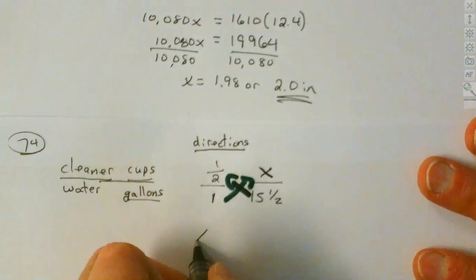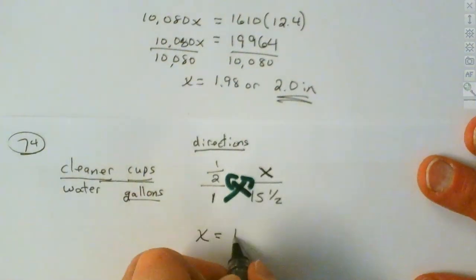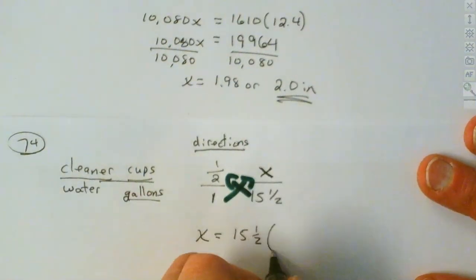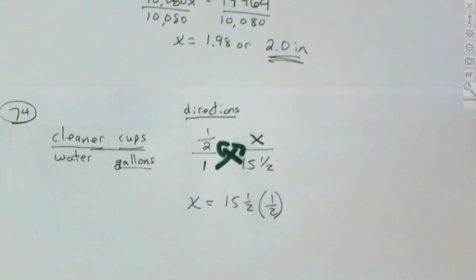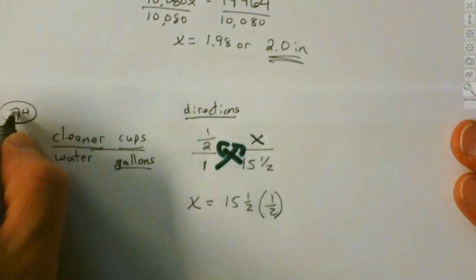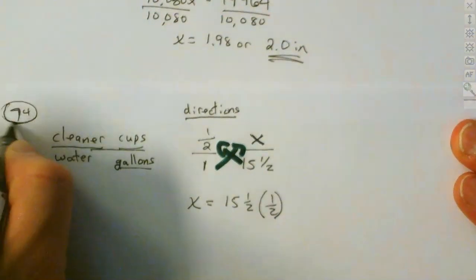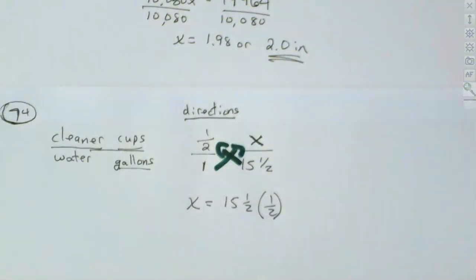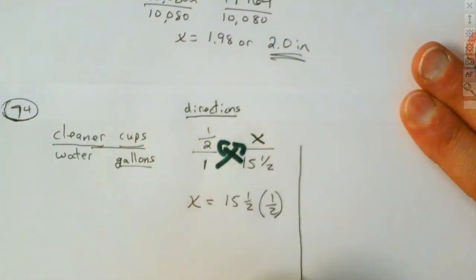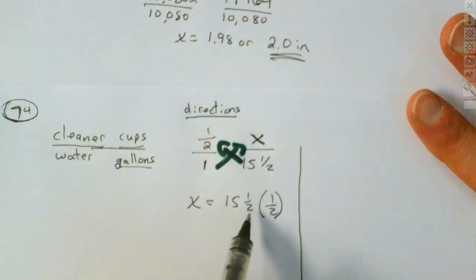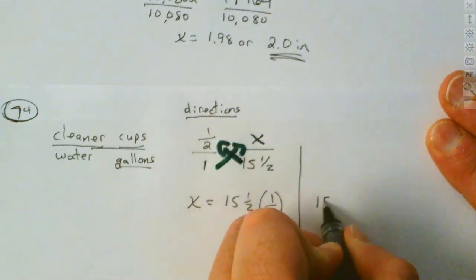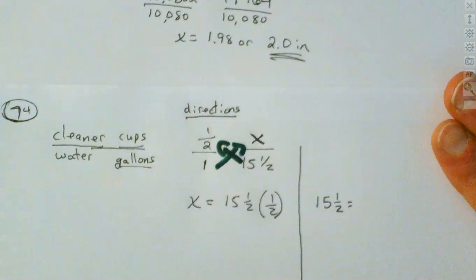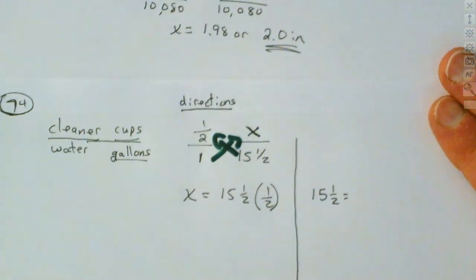So that gives me X equals now 15.5 times a half. It has been a while since we've talked about mixed and improper fractions. If I want to multiply these fractions out, I need to convert this. So let's convert this 15.5 gallons into an improper fraction.